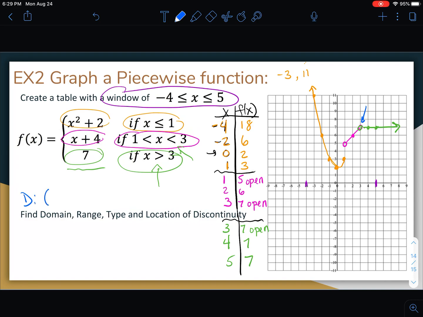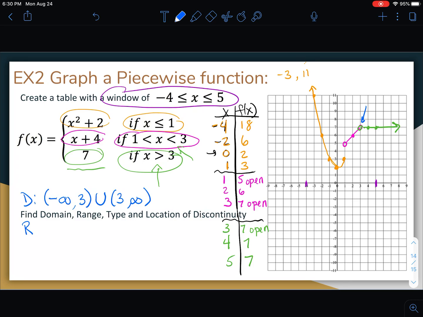So here's the domain: from negative infinity up until 3, not including 3. That's why we have a parenthesis. Union means or. Here's the other chunk, from 3 to infinity. So this is really saying all real numbers that are not equal to 3, and this is how we would write it with that notation.